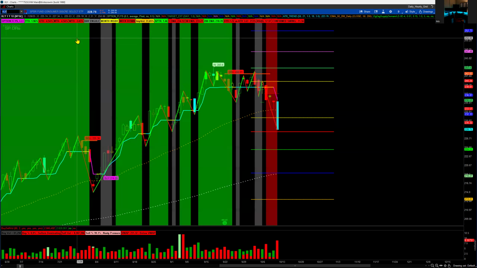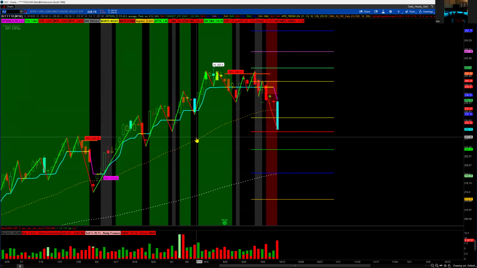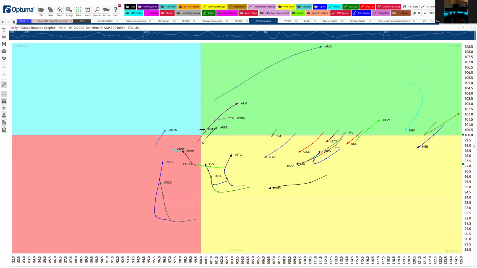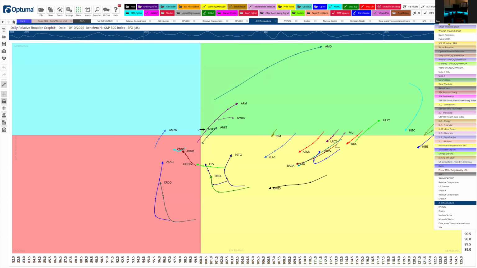Most of the stocks that we trade are all here in this sector. This sector is struggling this year. We're in the fourth quarter. Keep that in mind. Now, what stocks are in here?